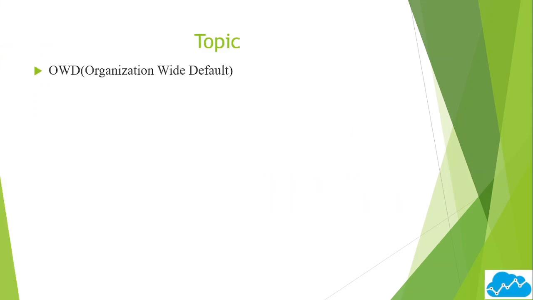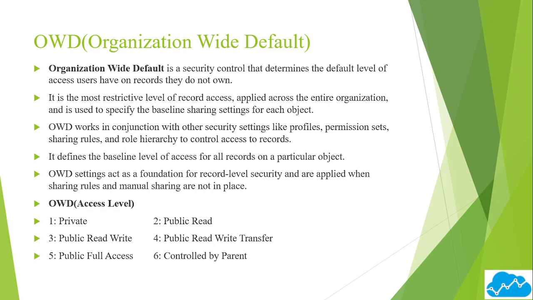The topic we are going to cover in today's session is OWD, Organization Wide Default. Organization Wide Default is a security control that determines the default level of access users have on records they do not own.